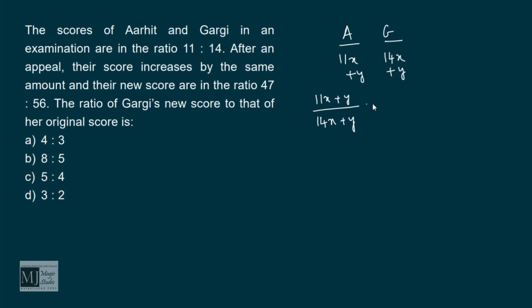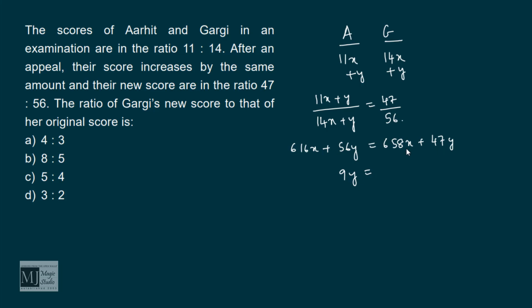So (11x plus y) upon (14x plus y) is 47 by 56. That is 56 into 11, 616x plus 56y, is 47 into 14, that would be 658x plus 47y.